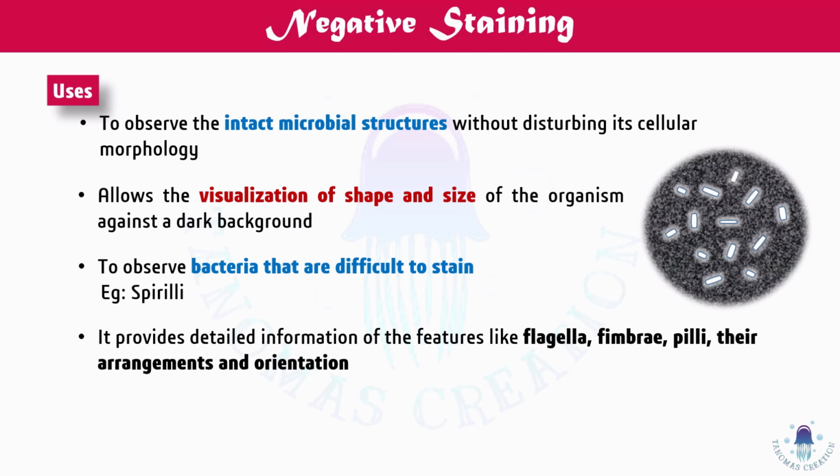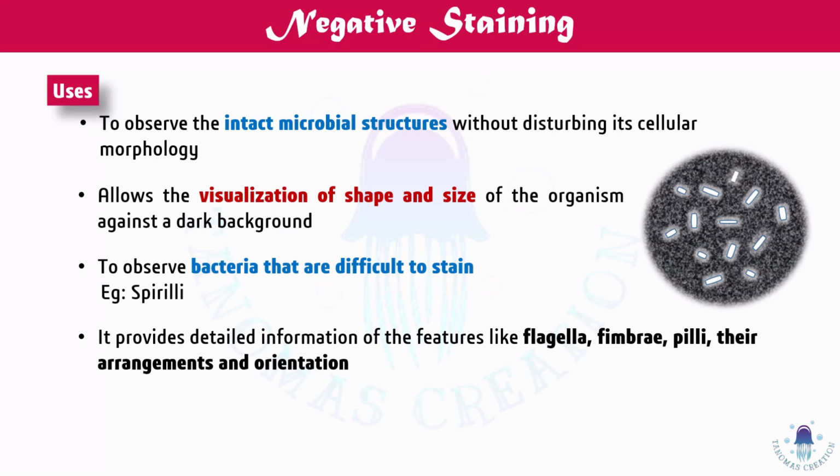So it provides detailed information on features like flagella, fimbriae, pili, their arrangements and their orientation. In gram staining and acid fast staining, the bacteria are divided into different groups, either positive, negative, acid fast or non-acid fast.